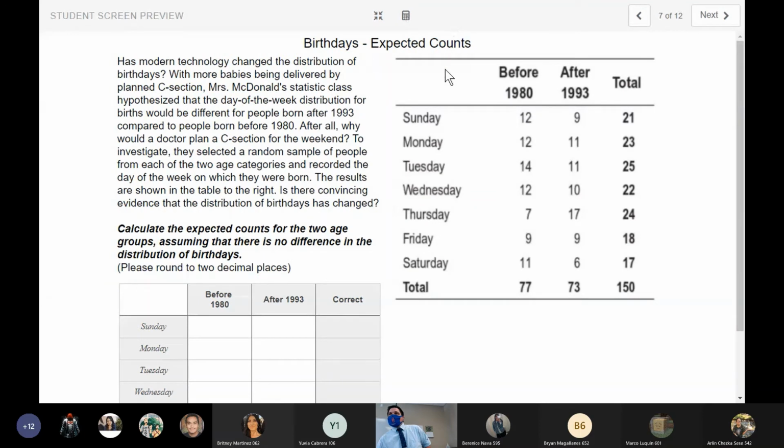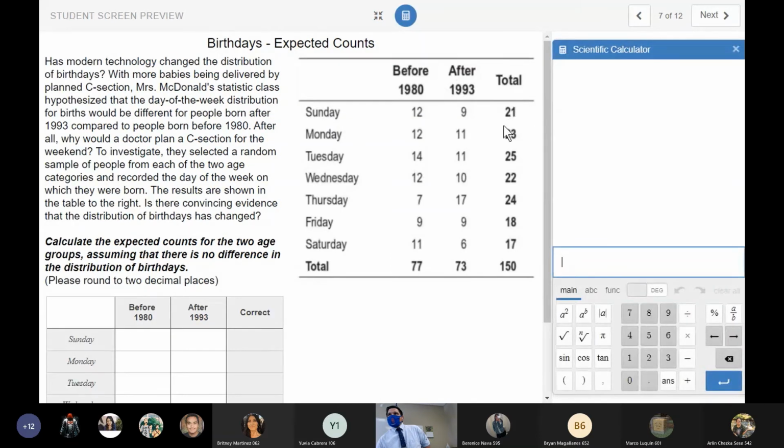Recall, to find this first entry here, for example, we need to take the row total times column total divided by table total.